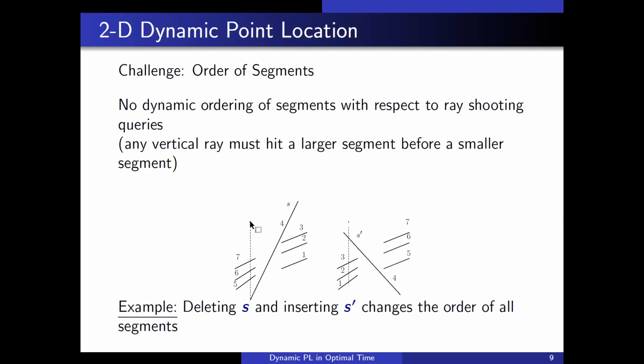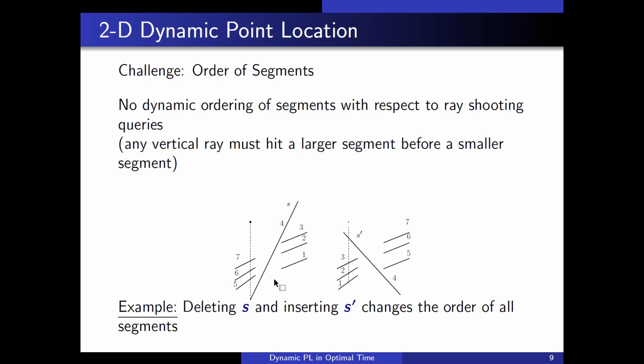So if I shoot a vertical ray, for example, from this point or from any other point, then it should hit the larger segment, the segment which is assigned a larger number, before it hits a smaller segment. So such an ordering can be easily constructed, as shown here. So we assign the segments numbers 7, 6, 5, then 4, 3, 2, and 1.